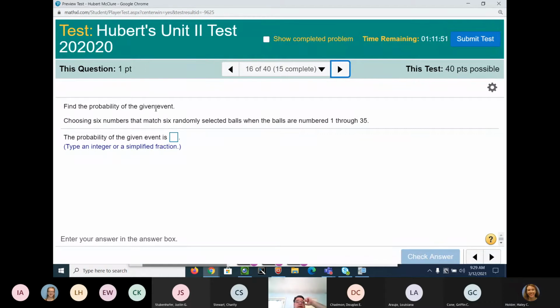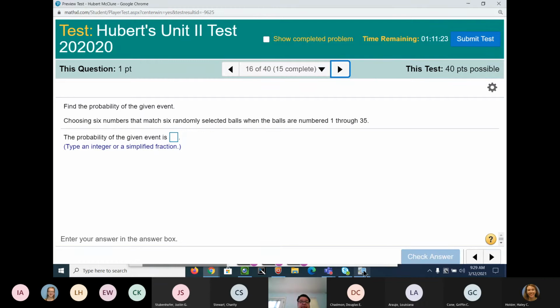Find the probability of a given event. Choosing 6 numbers that match 6 randomly selected balls when the balls are numbered 1 through 35. I'm looking for order here. Is there any indication of order? I don't see it. So it looked like it'd be 35 combination of 6. But I don't know with those last 2 questions.